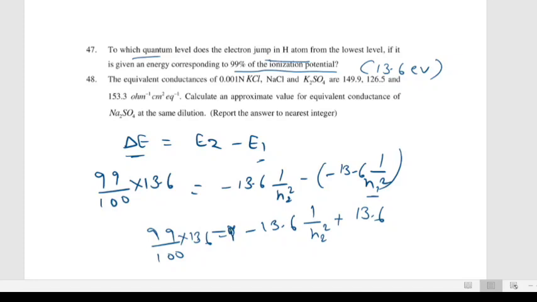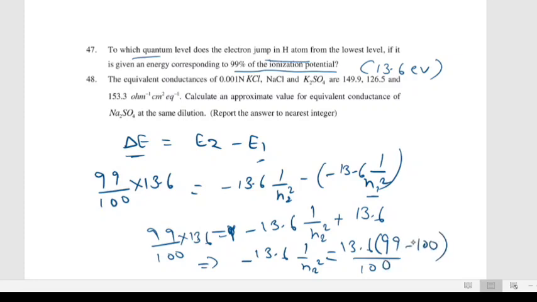This is equal to... okay, this implies minus 13.6 into 1 by n2 square is equal to how much? 13.6, if it comes this side, 13.6 will be there. So here after getting the LCM and 13.6 as a common, you will get 99 minus 100. So here you will get minus 1, minus minus cancel.